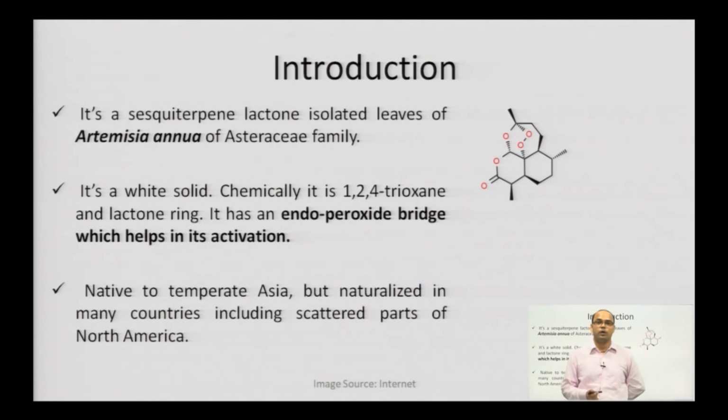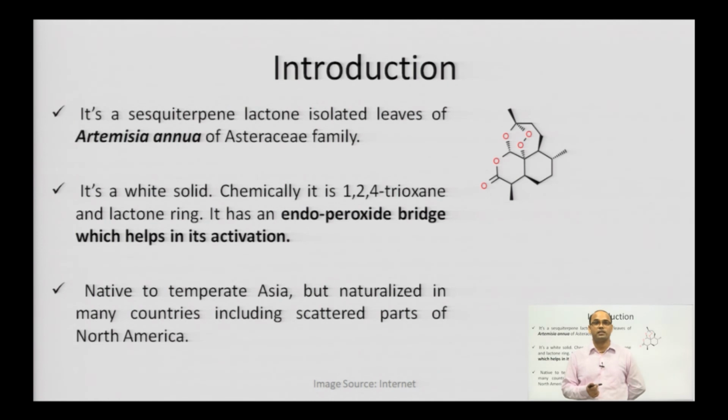Artemisinin, if you look at the structure, is a sesquiterpene lactone, and it is isolated from the leaves of the plant Artemisia annua, and this plant belongs to the family Asteraceae.